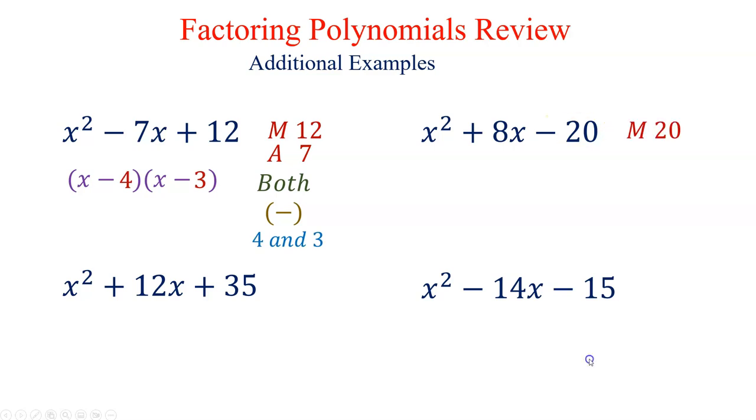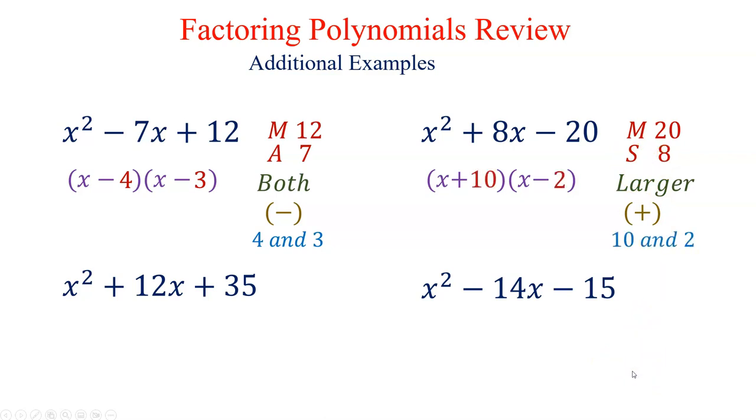Next one, M20, S8. Because I said S, L, larger. I can set up my answer. The larger will be positive. So I set it up. The two numbers that multiply to get 20 and subtract to get 8 are 10 and 2. I recommend putting the larger first, smaller second.